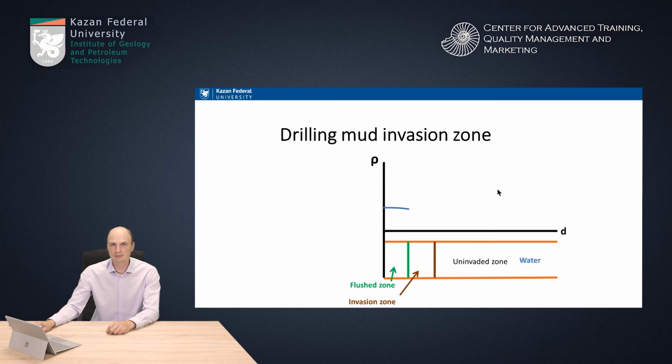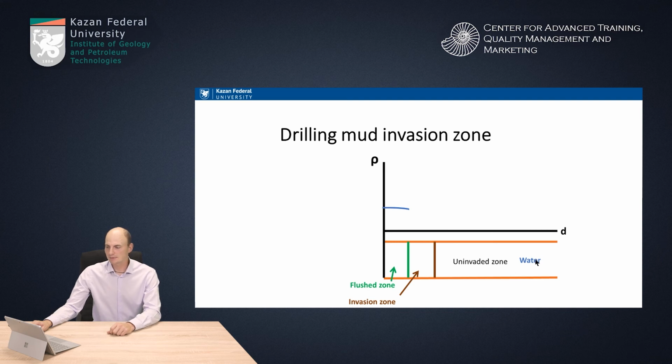In case of the water saturated formation, in the flushed zone we have the same situation, because the original reservoir water was replaced by the water from the drilling mud. So we got more or less the same resistivity. In the uninvaded zone, the salinity of the formation water is usually much higher than the salinity of the drilling mud.